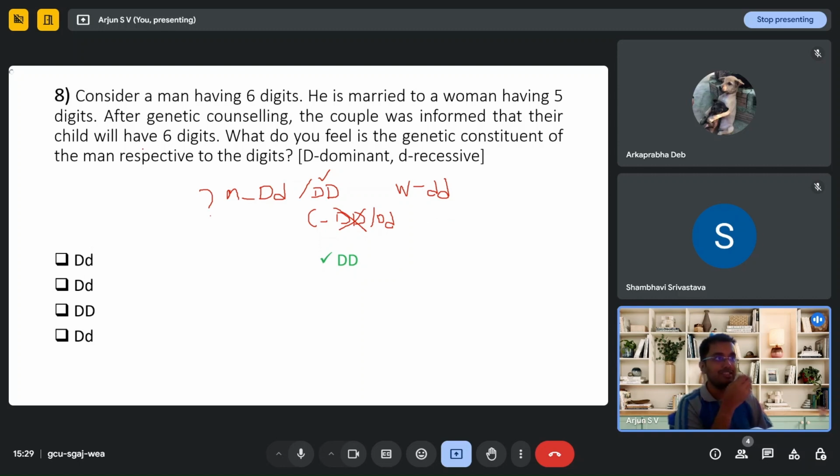But the question says that the child will have 6 digits. So the case where the child has small d is not possible. That automatically means that the dad also does not have any recessive allele in his genotype.